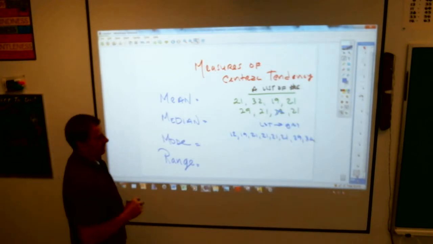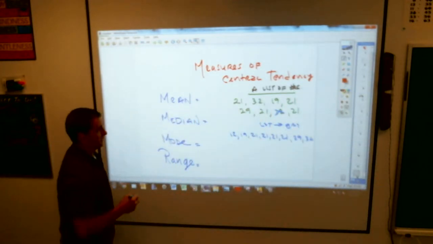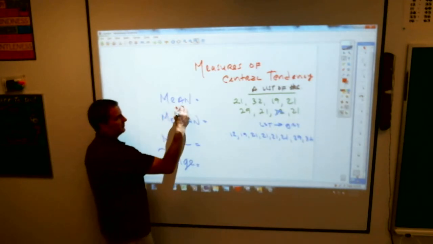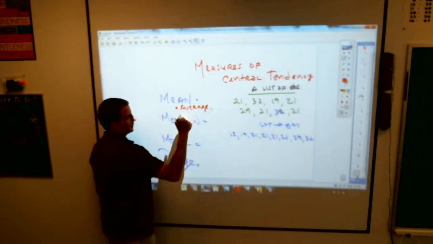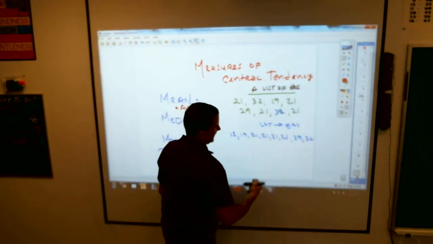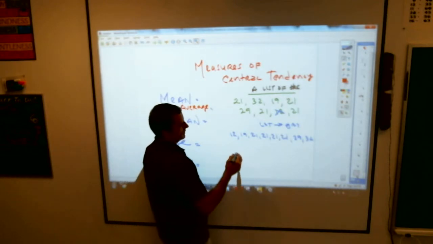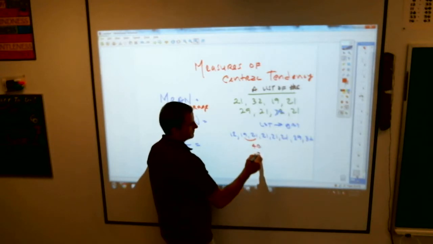Now, once you have that list of numbers, here are the measurements of central tendency. The mean, believe it or not, is the same thing as, do you remember? Average. So if we're doing these numbers, the average of those numbers, let's see. Put this together, you get 40.